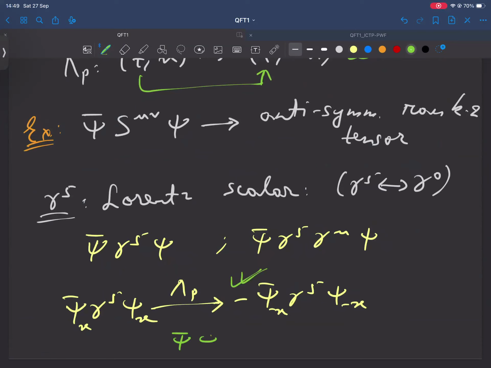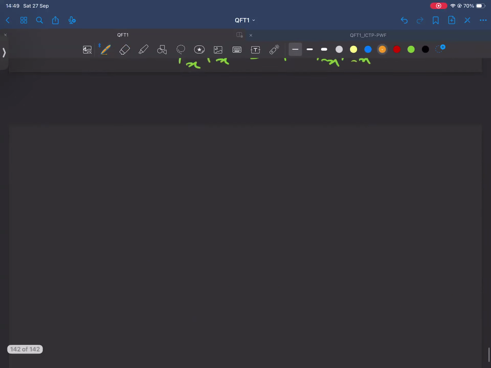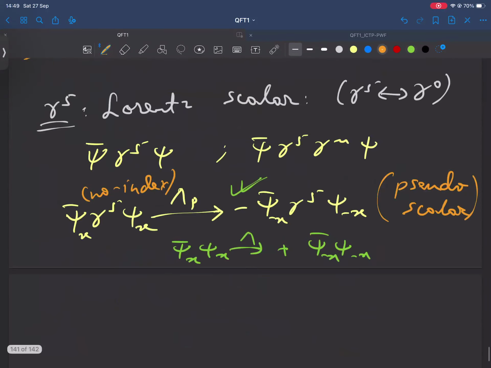Scalars transform with a plus sign, x to minus x, but this one comes with a minus sign. Hence this is dubbed a pseudo scalar. Why pseudo? Because it doesn't have any index, but still it comes with exactly the opposite sign of a scalar under parity. That's why this is a pseudo scalar.